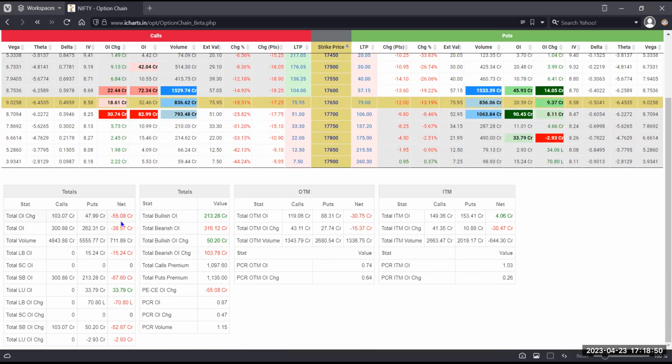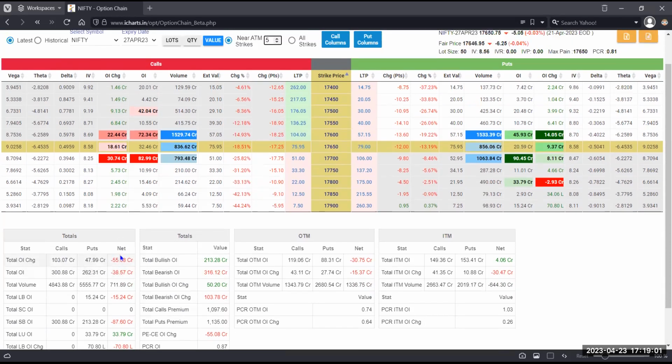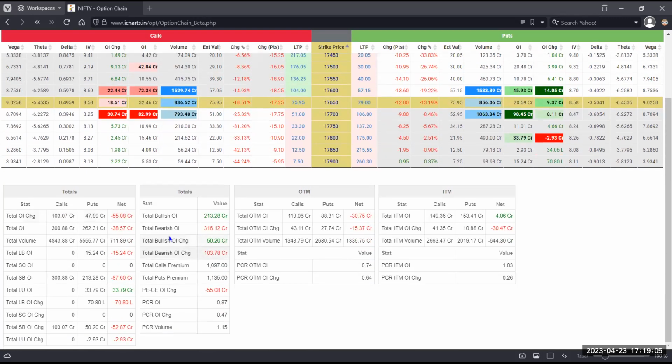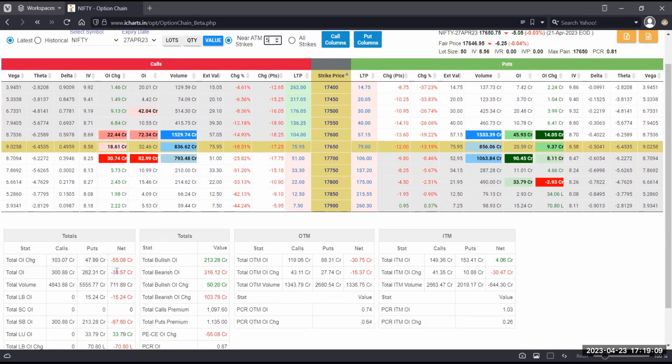Now the main thing over here is total OI change, call OI change, put OI change, and this is the net. This is obviously going to be the most important thing because this will quickly tell you which side the pressure or the OI sentiment is on. So this net negative value, which is in red, tells you that calls are being written more, or rather the OI change of calls is more for the day.